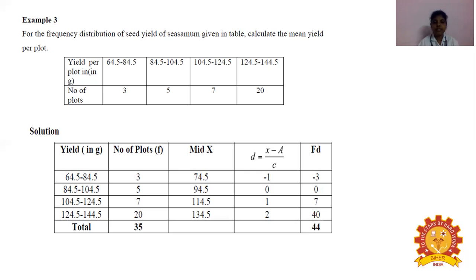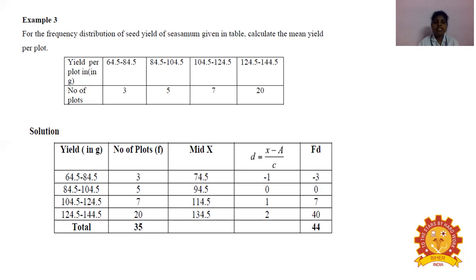Last column, fd, frequency into deviation. Frequency is 3, d is -1, so 3 into -1 is -3. Next value of the frequency column is 5, the second value of the deviation column is 0, so 5 into 0 equals 0 only.